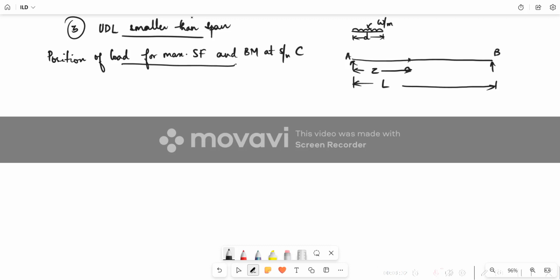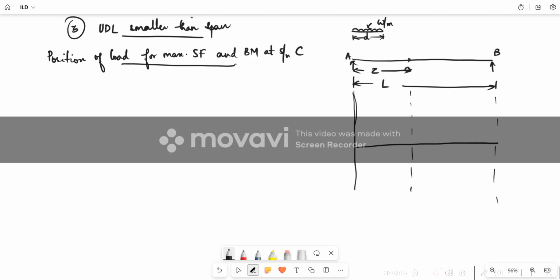So let us first draw the ILD for this load. So we have to show the position.